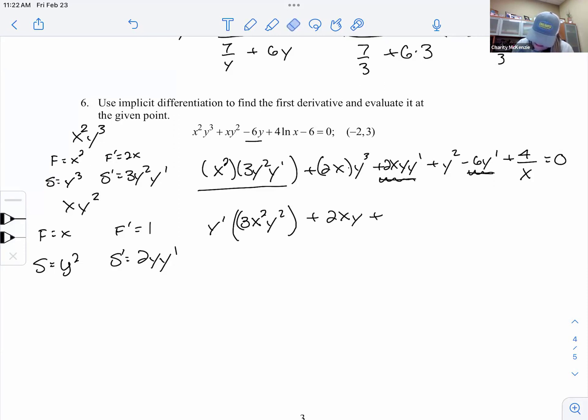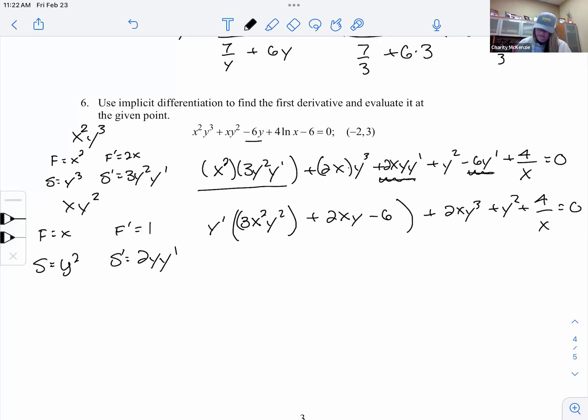Oop, it's a minus. It's going to be minus 6, taking out that y prime. So there are those three terms that had the y prime. We took the y prime out of each of those, and then what we have left is the other terms here: the 2xy to the third and the y squared and the 4 over x.